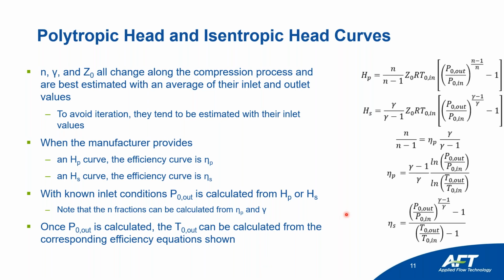Well, you just take your efficiency value from your efficiency curve for your volumetric flow that the manufacturer provides on the curve, and you just either apply the polytropic equation here and back out the stagnation outlet temperature, or if you have an isentropic head curve, you would know that that efficiency is isentropic efficiency, and use this equation with all of your known values to back out the stagnation temperature at the outlet of your compressor.